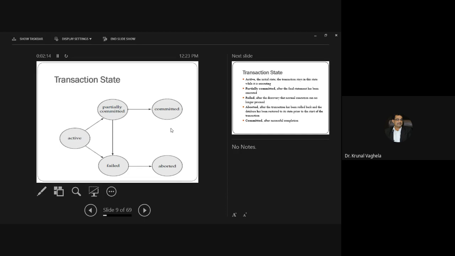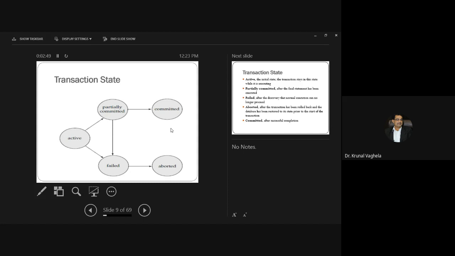A transaction may be in any of 5 states: active, when the transaction is actually running; partially committed, after the final statement of the transaction is executed; failed, meaning due to some failure the transaction cannot proceed; committed, after successful operation, when all the changes the transaction made are stored in the database; and aborted, meaning the transaction is rolled back and the database goes back to its original values.